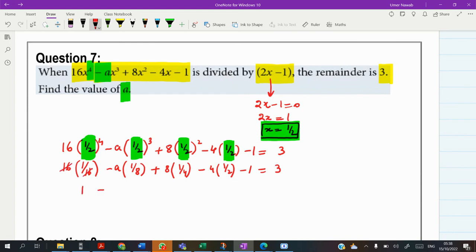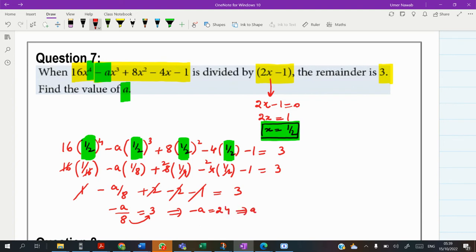Cancel, 16 cancels with 16. 1. a over 8 plus 2 minus 2 minus 1 is equal to 3. Minus 1 cancels with plus 1, minus 2 cancels with plus 2. Now, minus a over 8 is equal to 3. Send the 8 to the other side by cross multiplication. Minus a is equal to 24, and a should be negative 24.